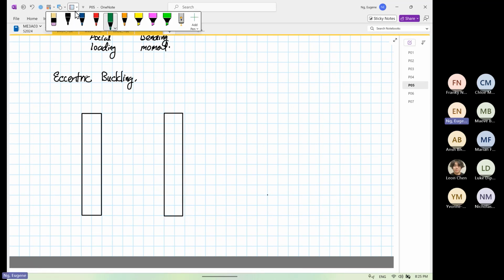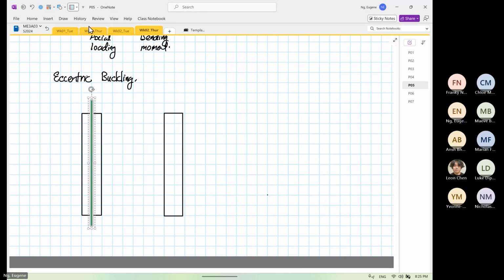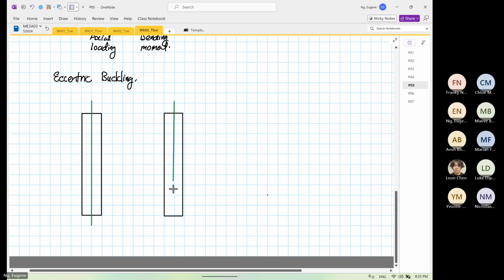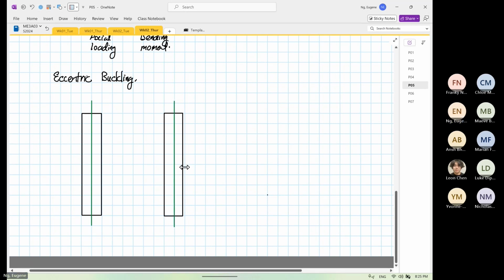The green is our geometric centroid, and they do have the same thickness.